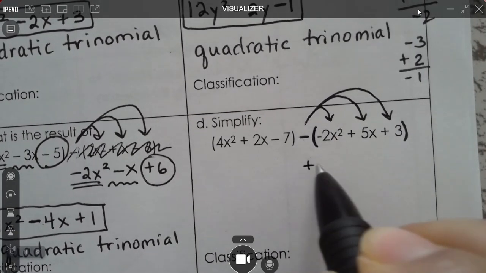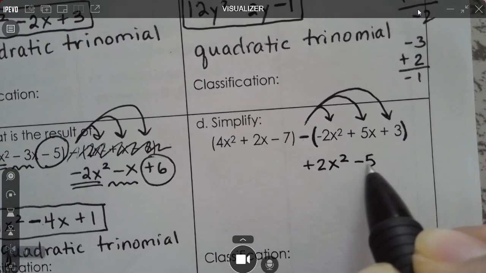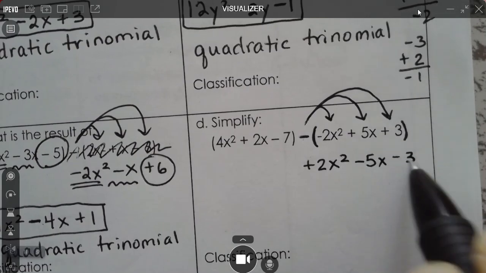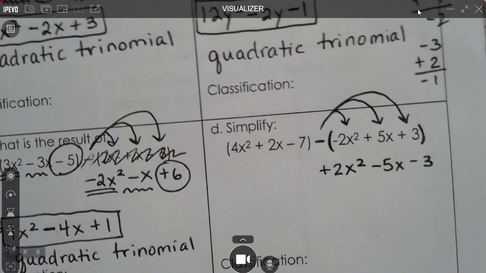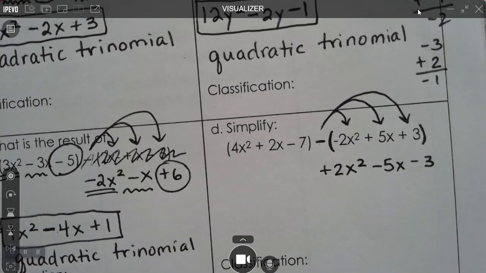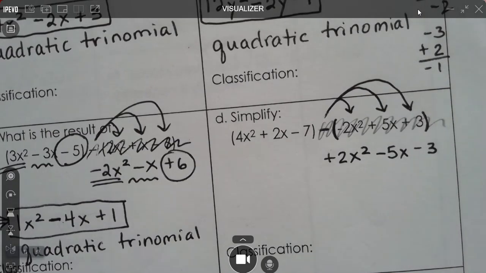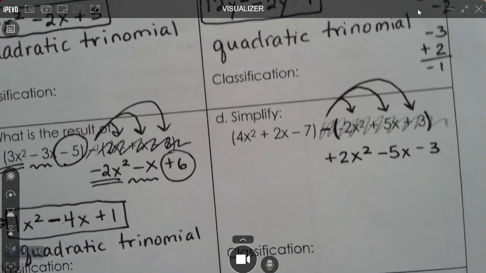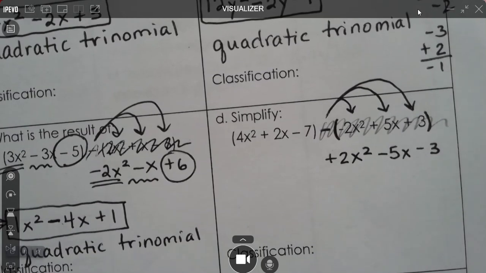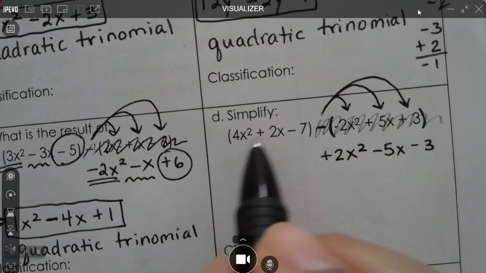Now it becomes positive 2x squared. And last time, some of you guys got a little confused. So remember, that's no longer there. All right, combine your like terms and write down your simplified. Okay, 4x squared.